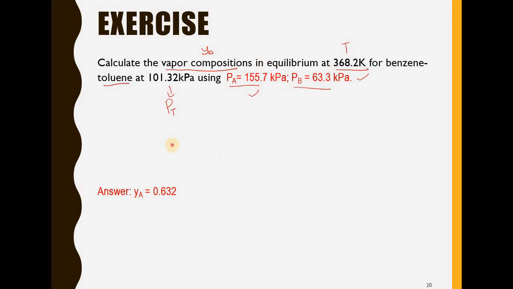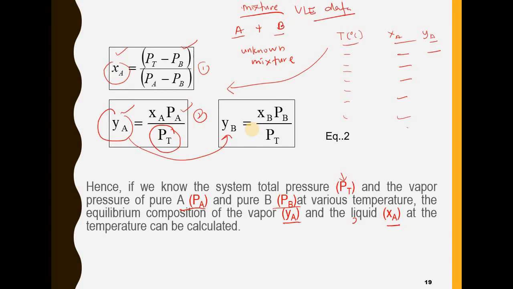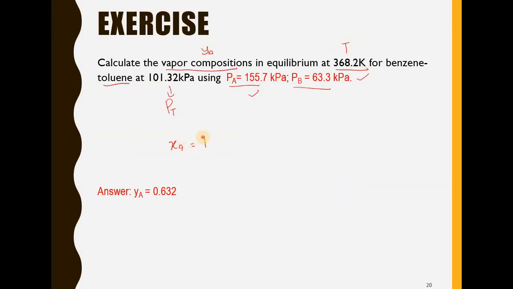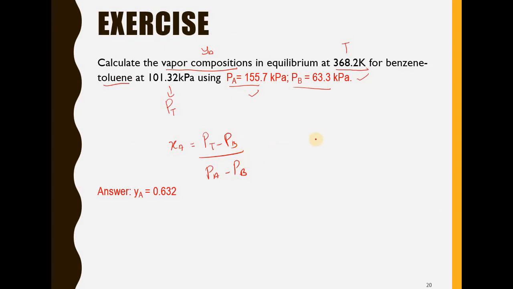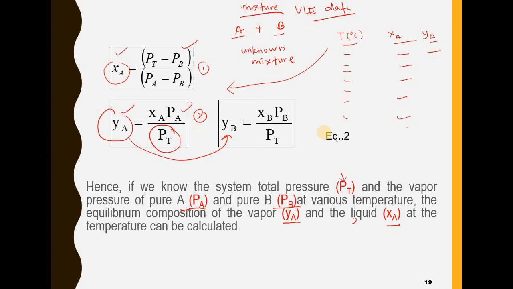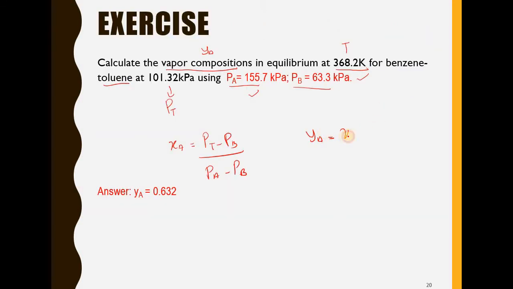So XA is equal to PT minus PB over PA minus PB. Sorry, minus and minus. YA is equal to XA PA over PT.